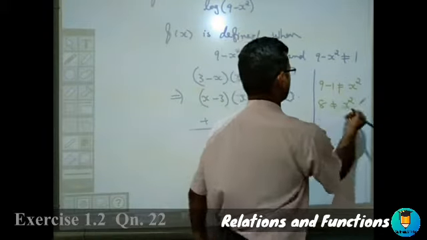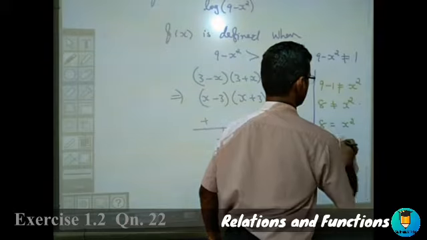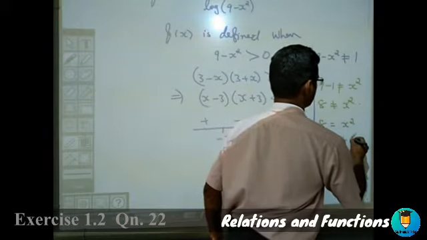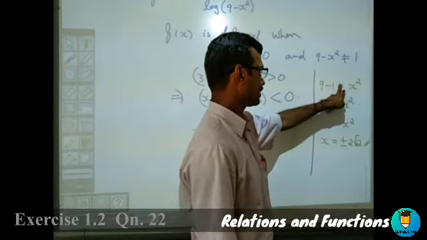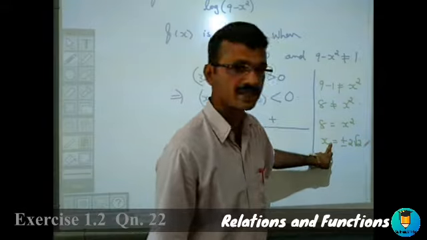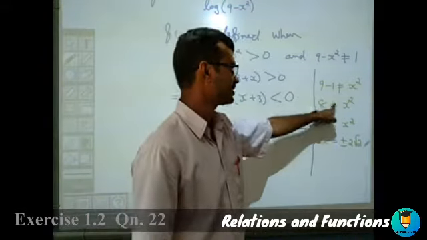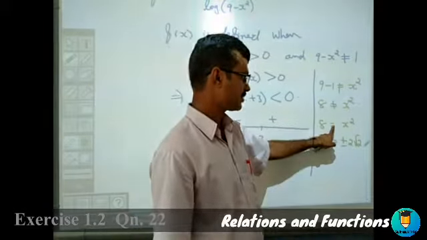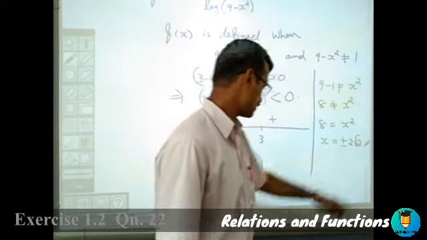If I take the corresponding, then 8 is equal to x square, so x is equal to plus minus 2 root 2. It is actually not equal to, but I took it as equal to, so that the corresponding value of x is plus minus 2 root 2.